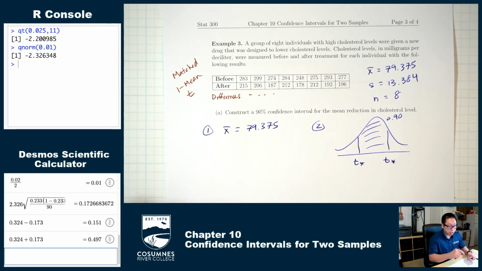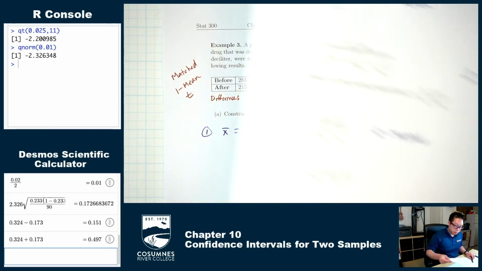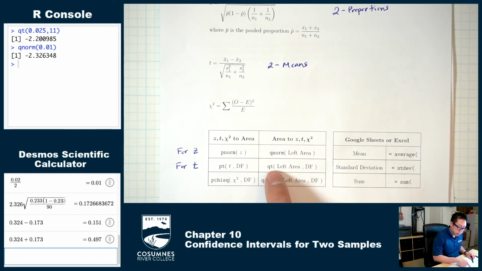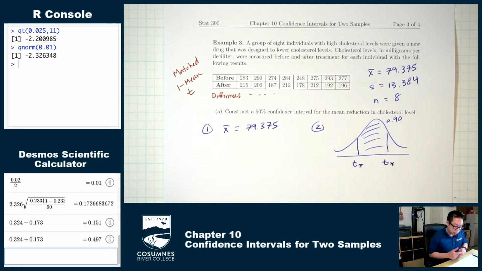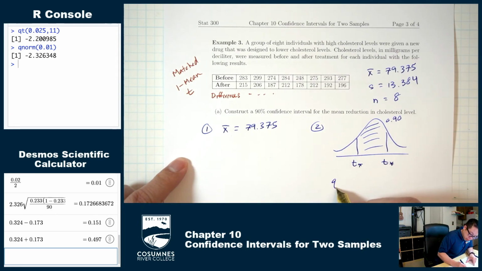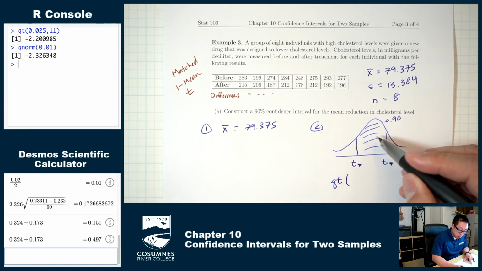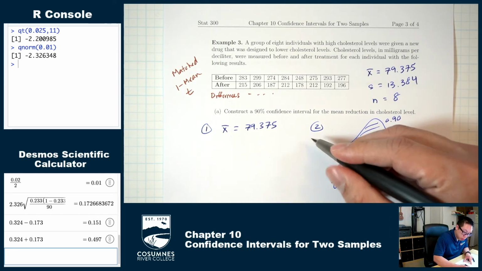And then this is an area to t problem. Area to t for the t situation is qt, left area, df. And so we do qt, left area, df. Left area of this picture is this left unshaded part. Shaded part is 0.90. I'm going to first do 1 minus 0.90.